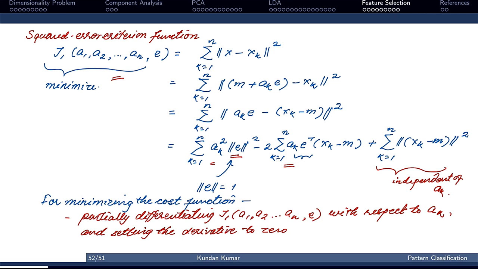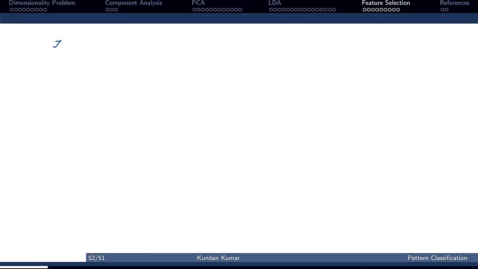So we can write the partial derivative of J1 with respect to ak. What will the term be? It will be the summation of twice ak, the first term.